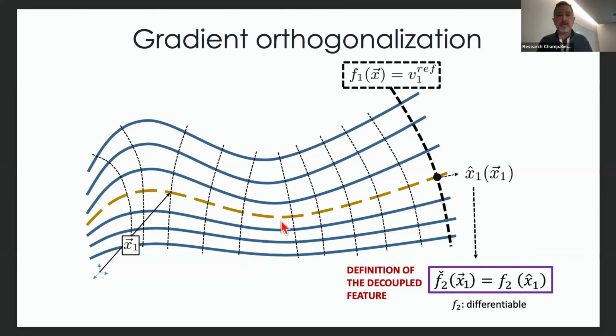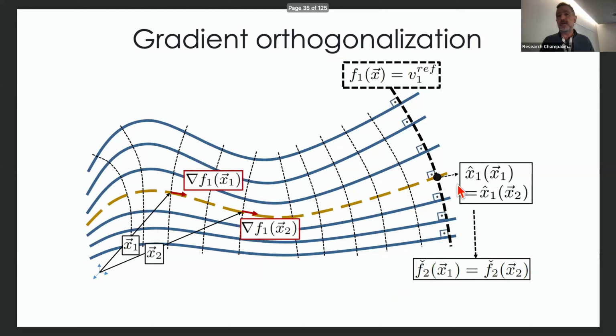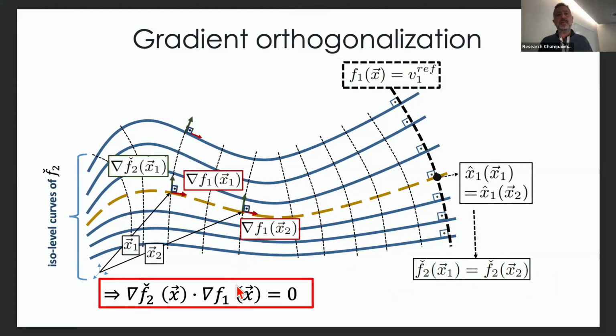Because all the vectors within this submanifold have the same normalization, they go to the same vector, then all of them will have the same F2 hat value, because they go to the same place, right? So that means that these submanifolds are iso F2 hat value. Because of that, their gradient is orthogonal to this manifold. Is the idea clear?